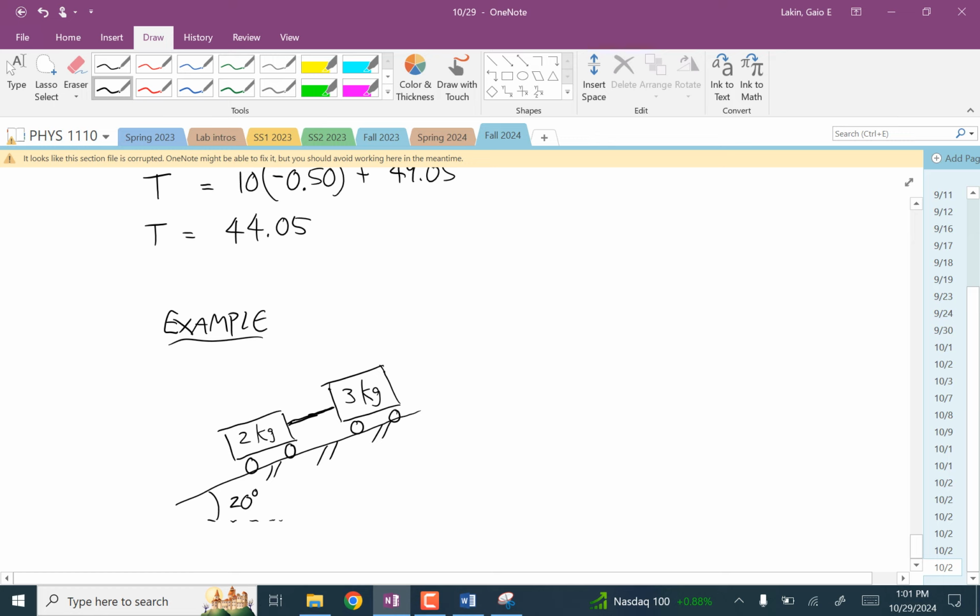And let's say we're pulling on it with a 30 Newton force. And we want to know what's the tension in the cable.